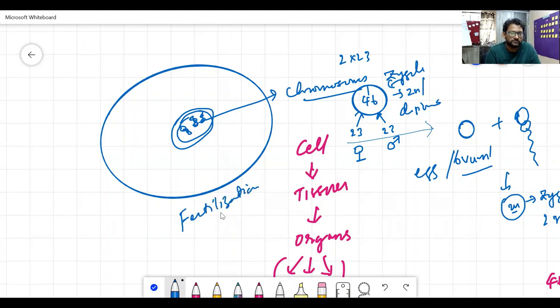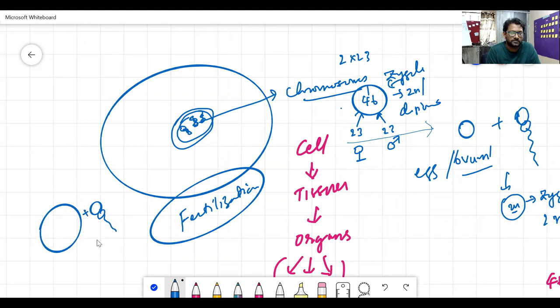Fertilization is nothing but combining the ovum with the sperm. When the ovum and sperm meet, that is called fertilization. The fertilization product is nothing but the zygote. And within the nucleus, we have chromosomes, which are made up of DNA and proteins.